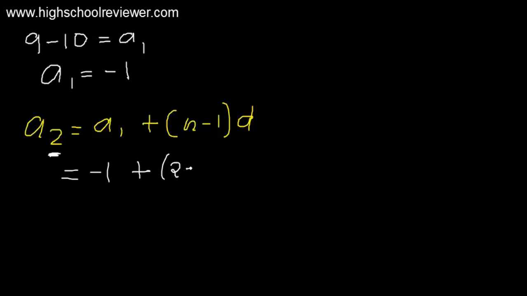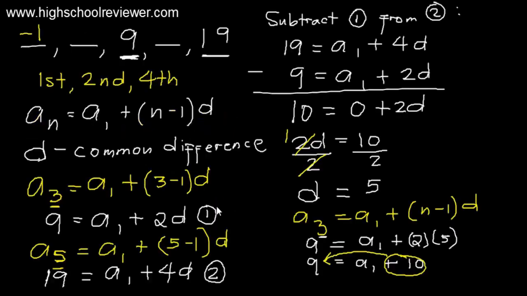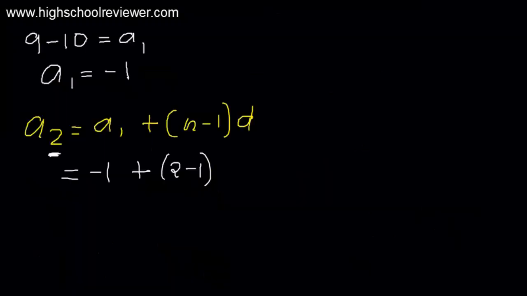So 2 minus 1, and our d is positive 5. So 2 minus 1 multiplied by 5. So a sub 2 would be equal to negative 1 plus 2 minus 1, which is 1, multiplied by 5, that is 5. So a sub 2 would be equal to positive 4.